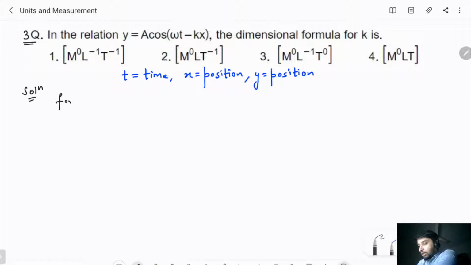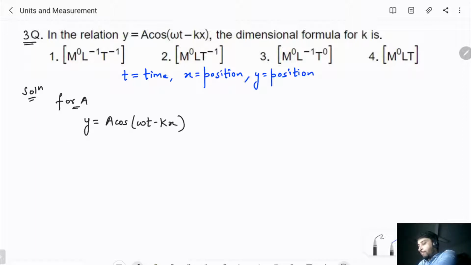So for a, the expression that we have is y equal to a cos(omega t minus kx).